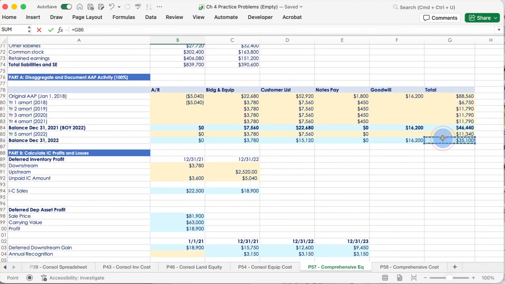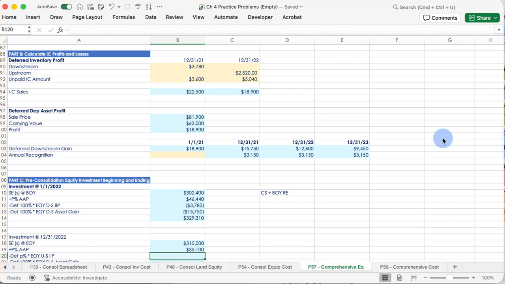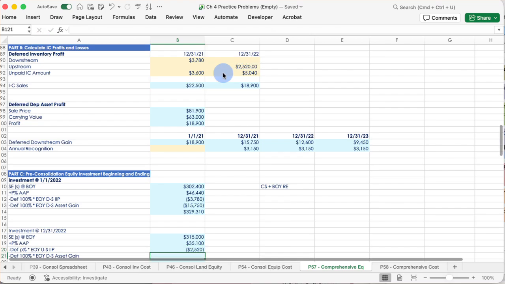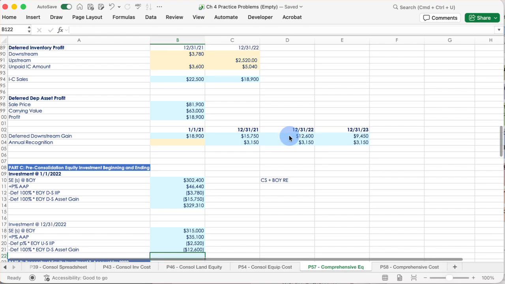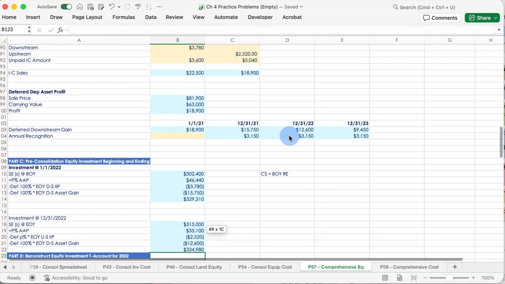So we'll take the 35,100. Then we'll subtract out our deferred profit on the intercompany sale right here. So this is now looking upstream. And then also subtract out the gain. So this is end of year 2022. And we'll sum this up, and there we have the 334,980.